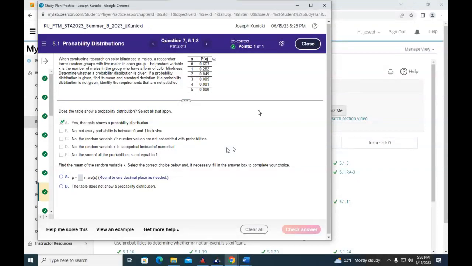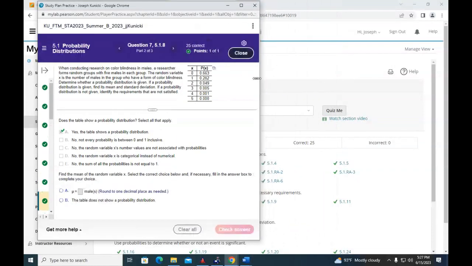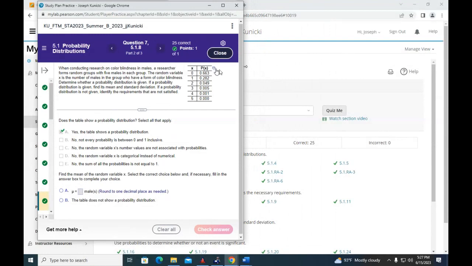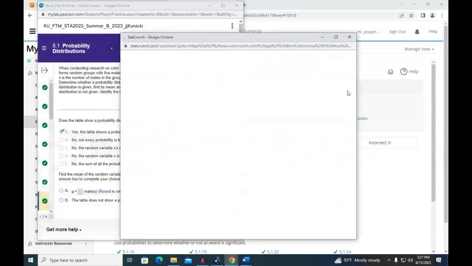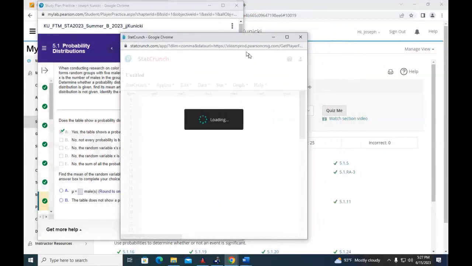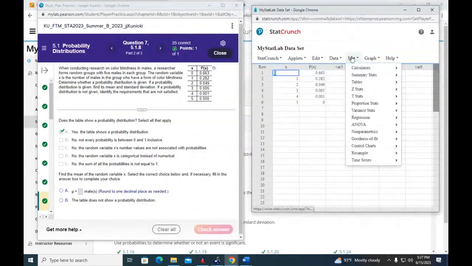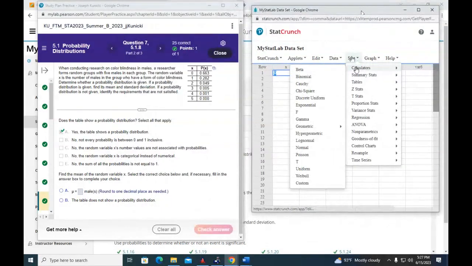Now, you don't have to do this by hand. I could skip the first one, but I have to do 5 products. But guess what? A calculator will do it for me, or the computer. Here's how we do it. We open up the data in StatCrunch, and I go to Stat, Calculator, and Custom.